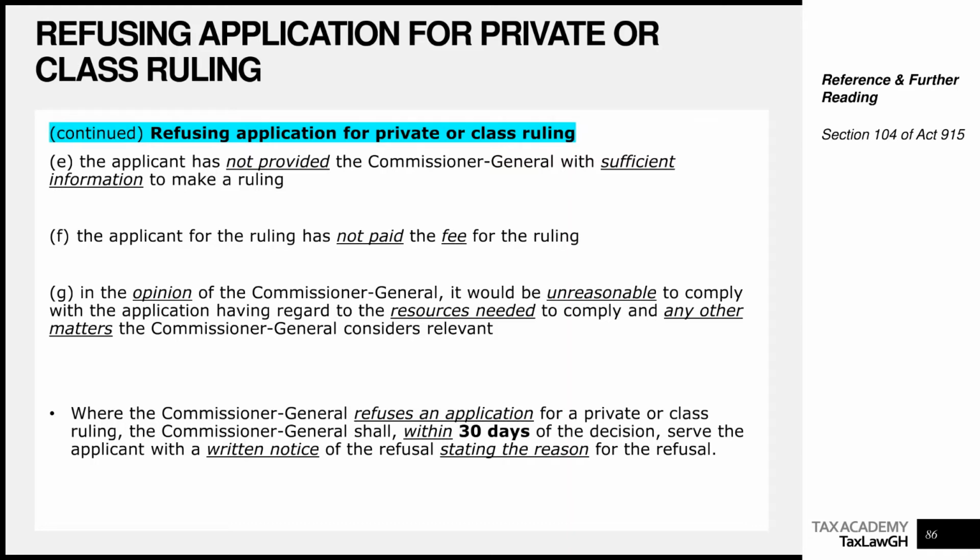Finally, if in the opinion of the Commissioner General, it will be unreasonable to comply with your application, having regard to resources needed and any other matters, then he will also not listen to you. So let's say you write to him about, what's the weirdest one you could ask? Taxation of what? Spaceships in Ghana. I mean, how relevant is that to taxation in Ghana?